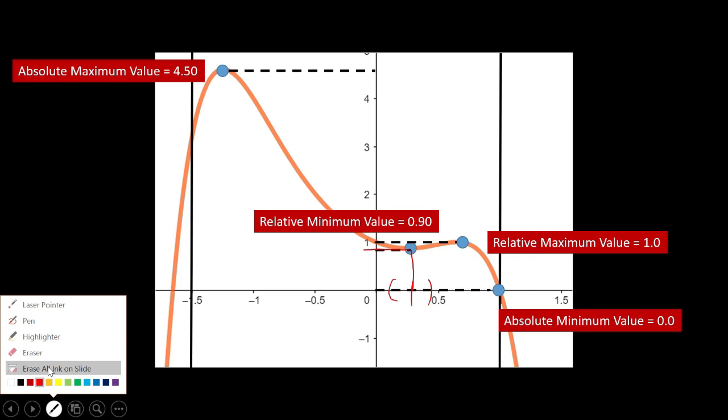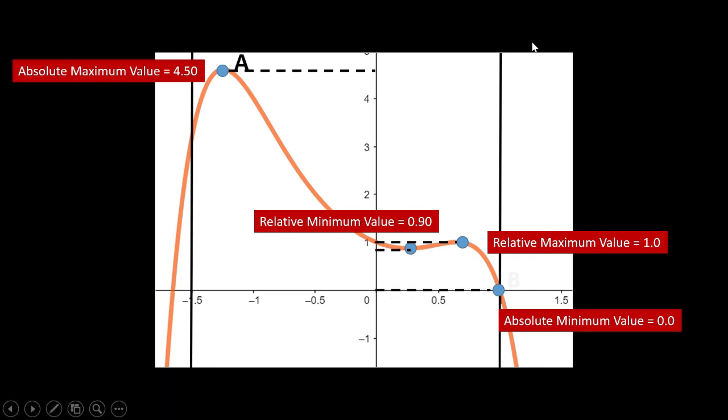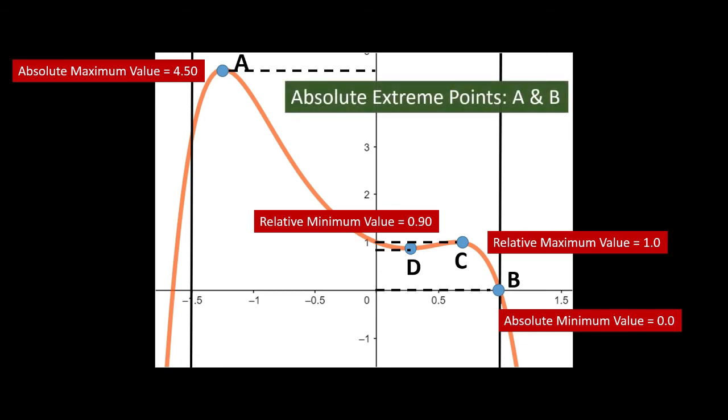I will give these points names A, B, C, and D. Let us pay attention to our terminologies. Points A and B are called absolute extreme points because it is at those points where you will find the absolute maximum value or absolute minimum value of your function in the interval.